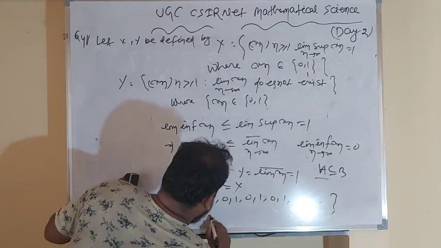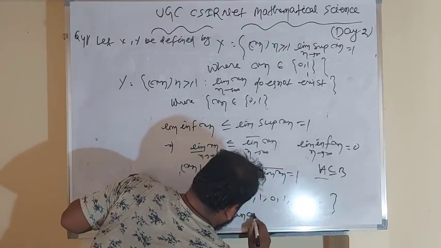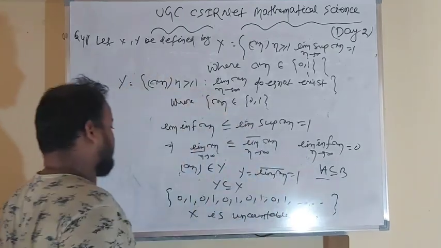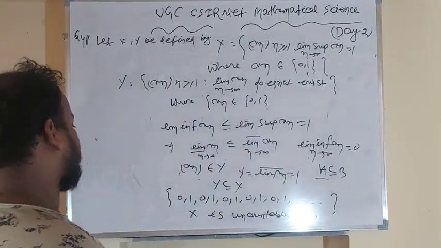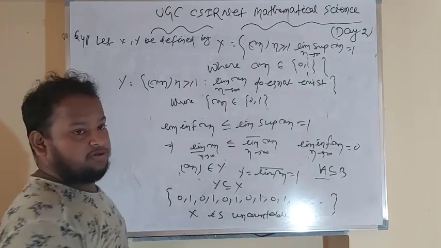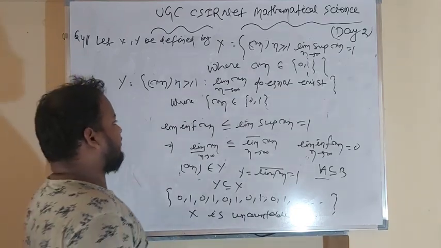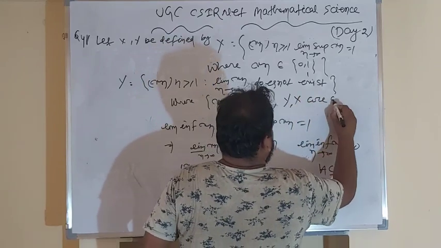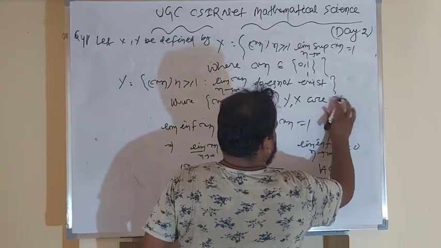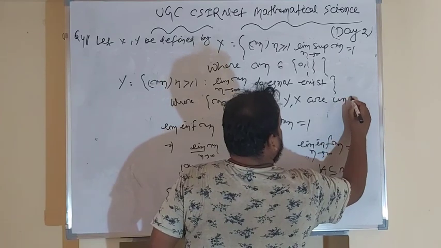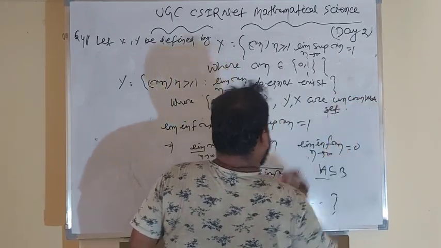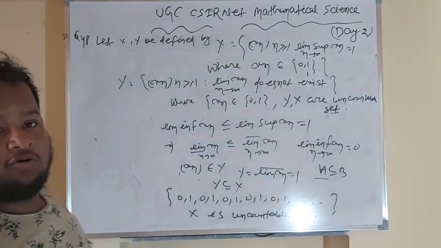So x is an uncountable set, and y is an uncountable set. So both y and x are uncountable sets. Go to the next question.